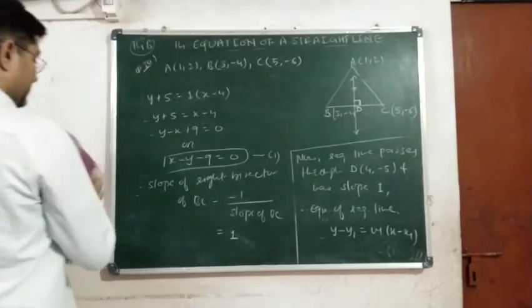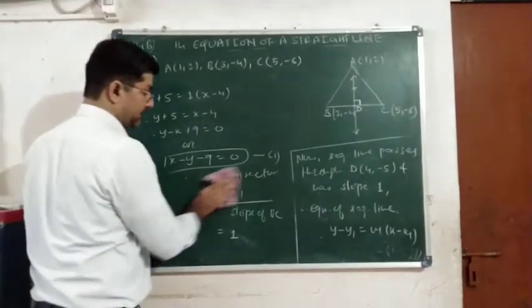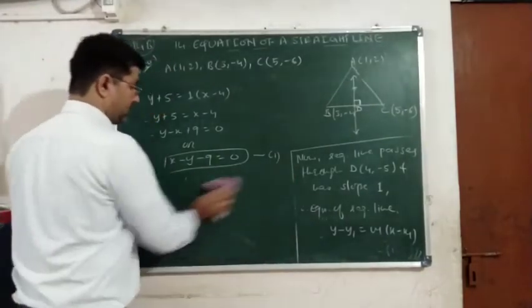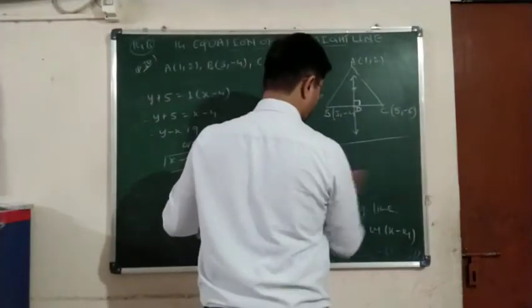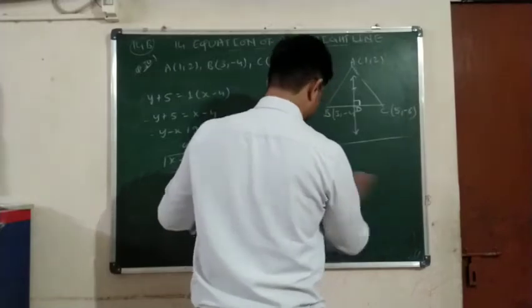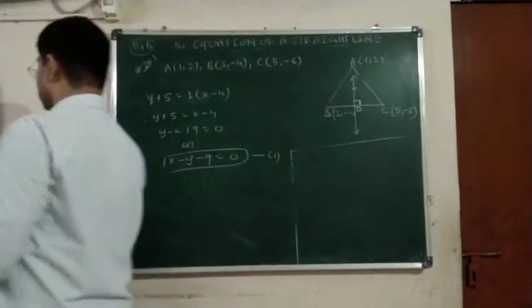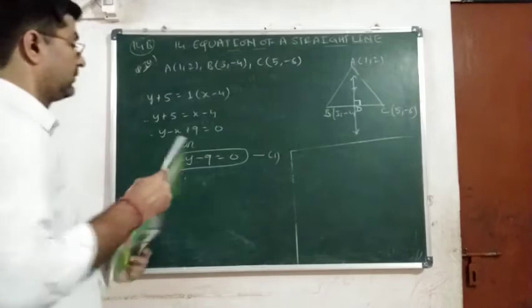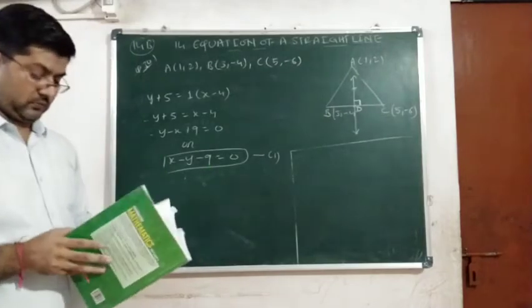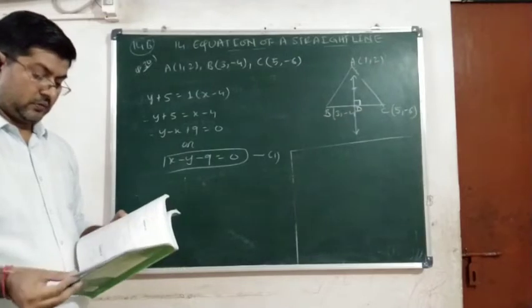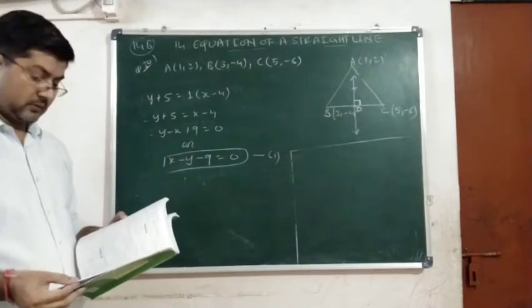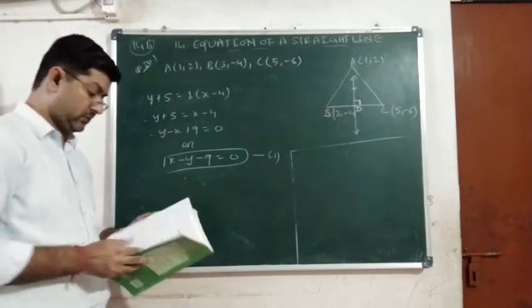This is the first answer, that is the equation of the right bisector of BC. Clear? So x minus y is equal to 9.